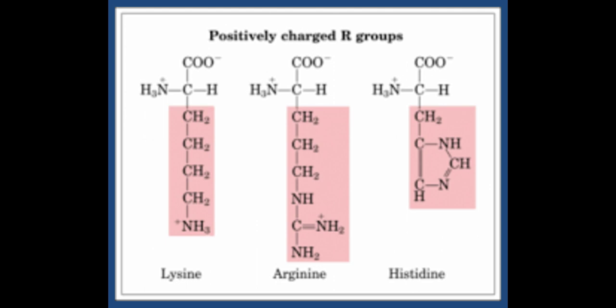The fourth category is the amino acids with positively charged R group. These amino acids contain an extra amino group in their side chain, and the presence of this extra amino group imparts basic properties to them. The amino acids which are basic in nature are lysine, arginine and histidine.